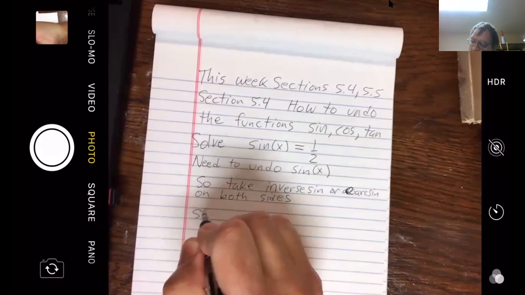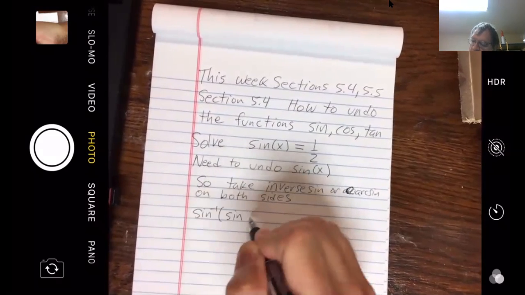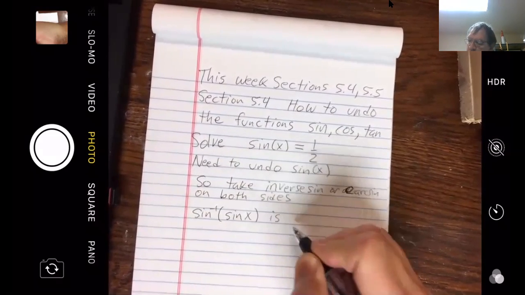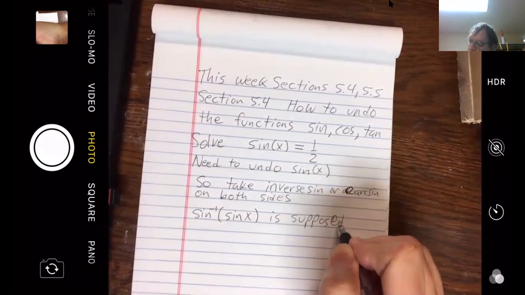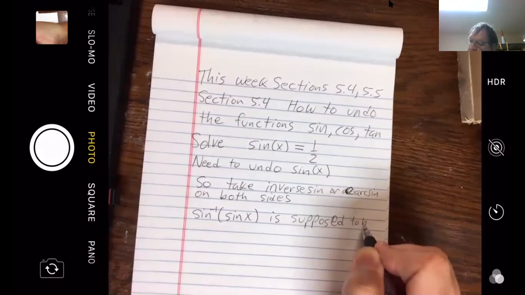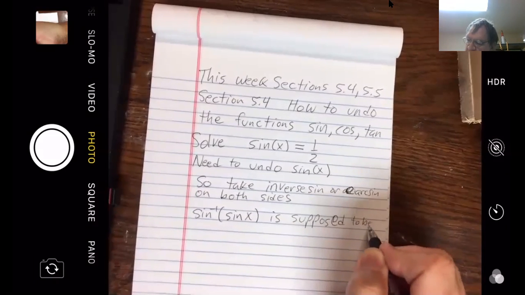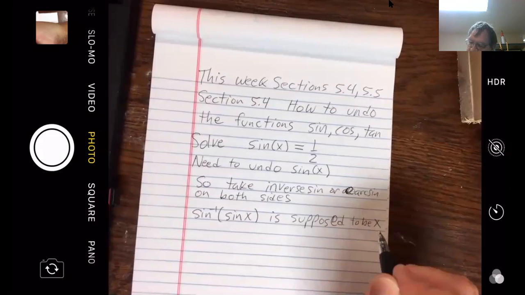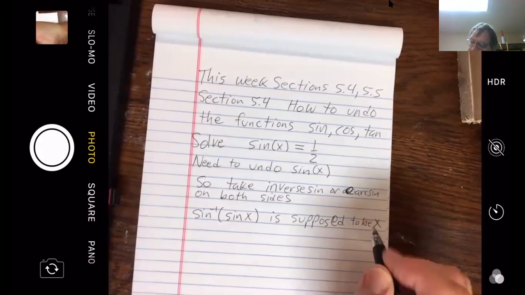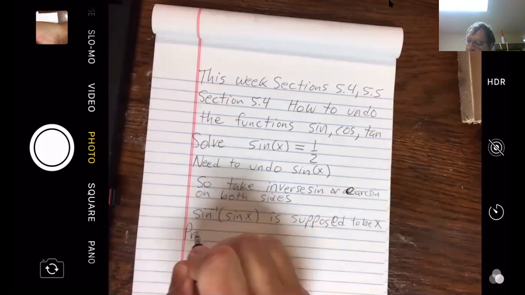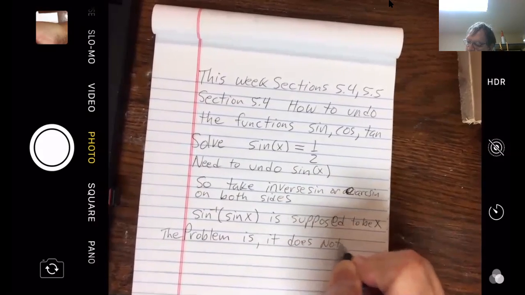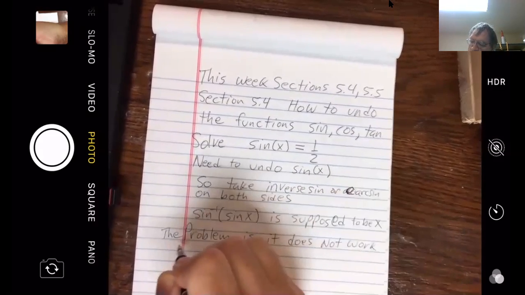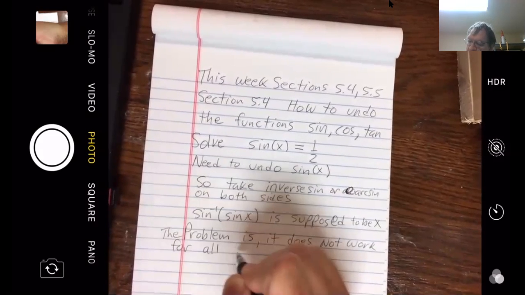So inverse sine of sine x is supposed to be x. But there's a problem. The problem is it does not work for all x.